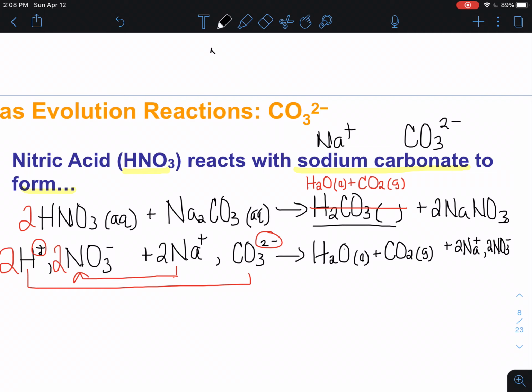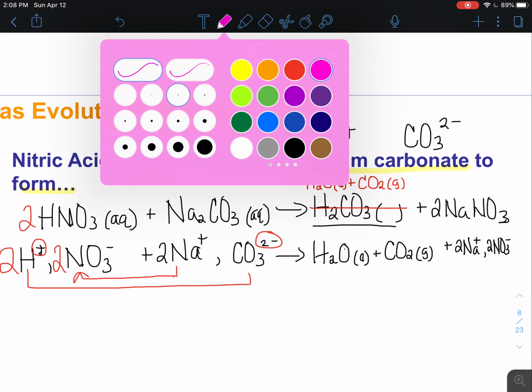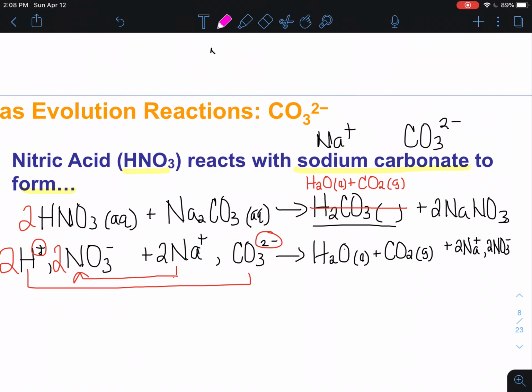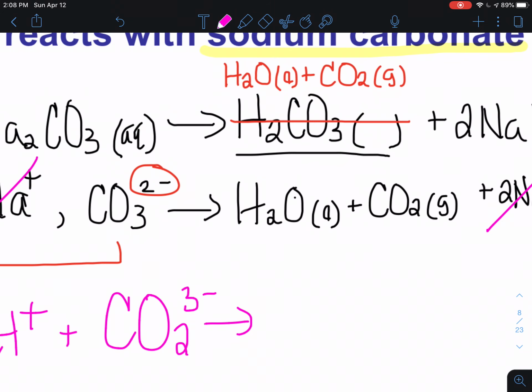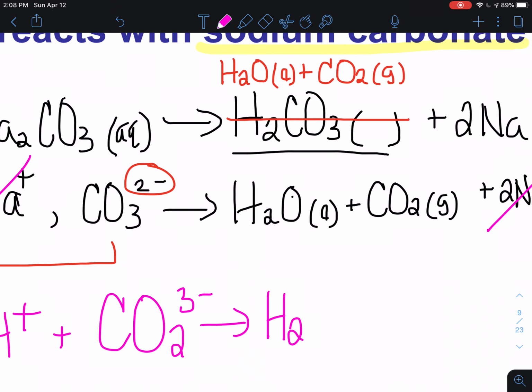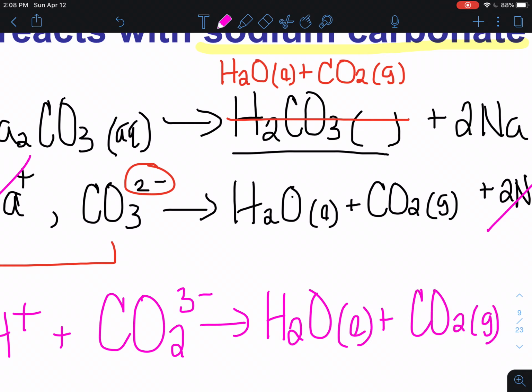Now we're going to do our net. So we're going to take out everything that we see. So nitrates are gone, sodium is gone, and so it looks like our net is going to be 2H plus, CO3 2 minus goes to H2O liquid plus CO2 gas.